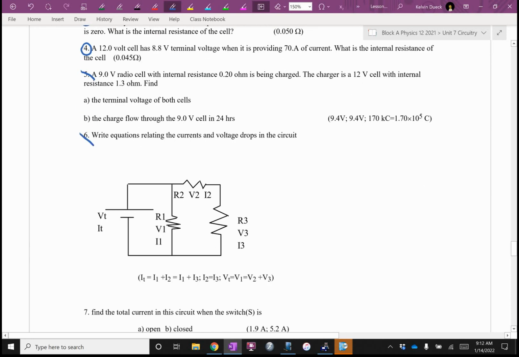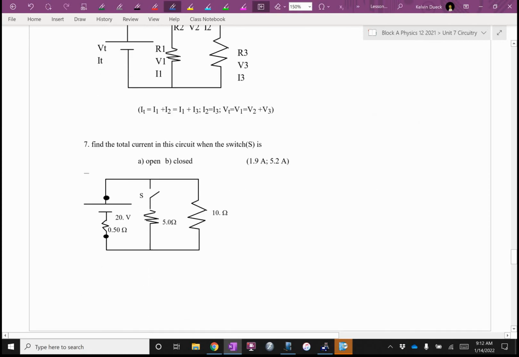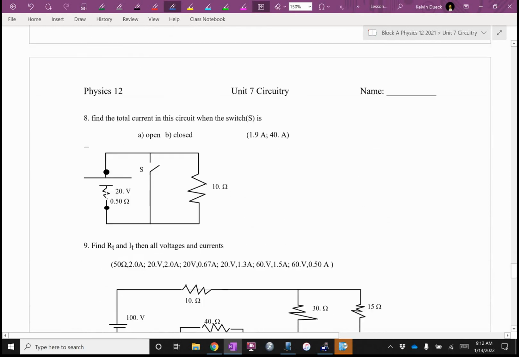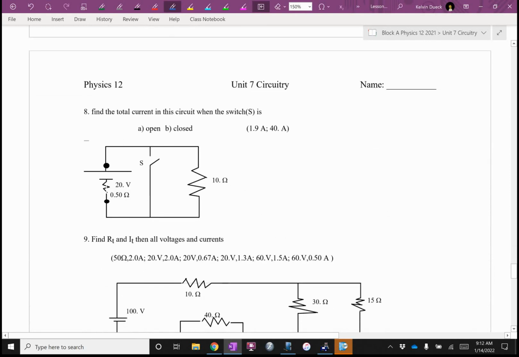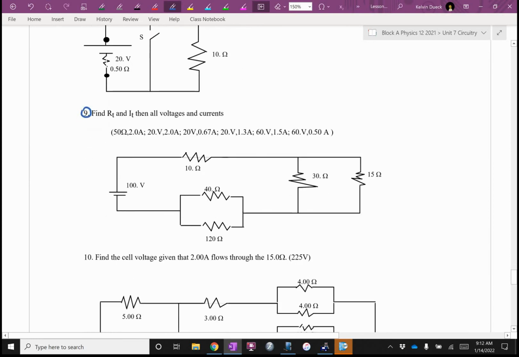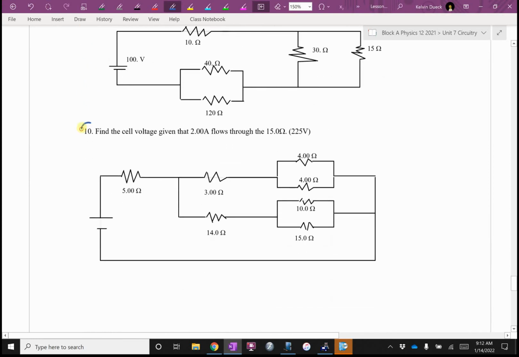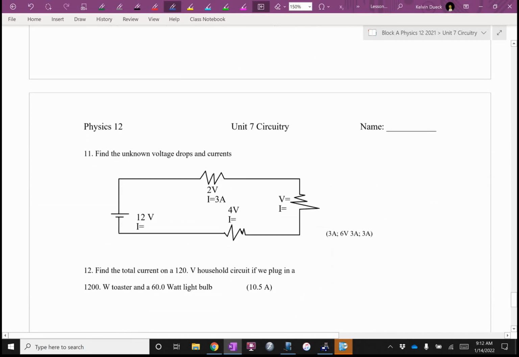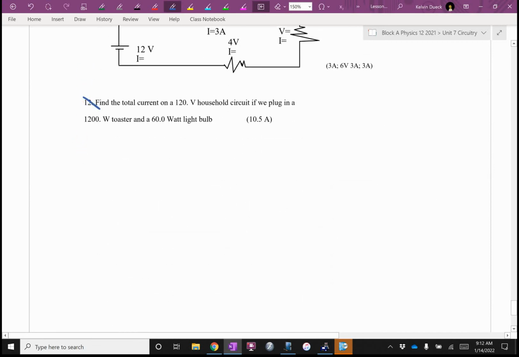You can skip 6. 7 is good. Skip 8. 9 is good. 10 is good. 11 is good. You can skip 12. And we're done the unit.